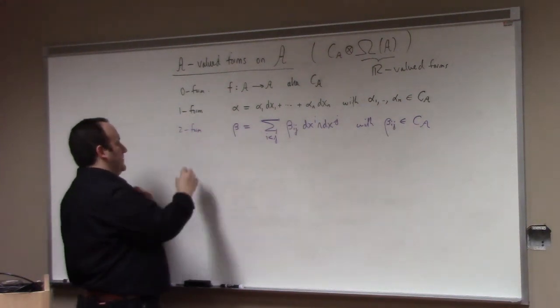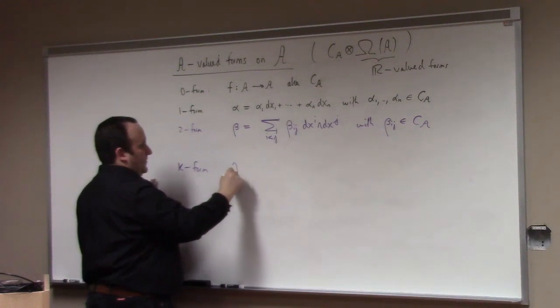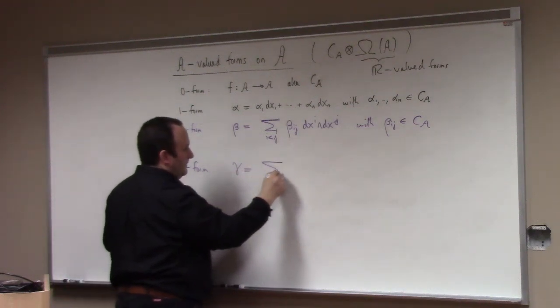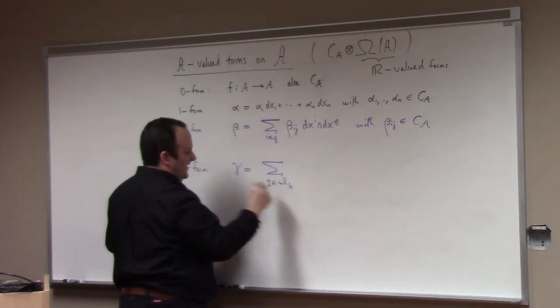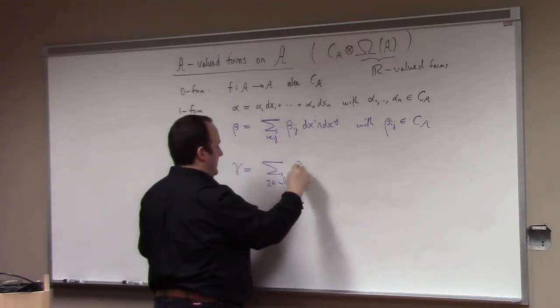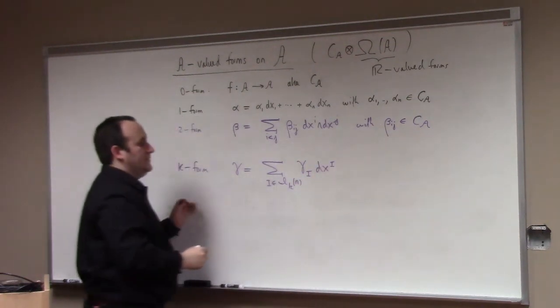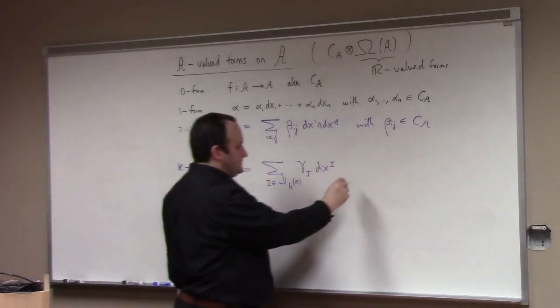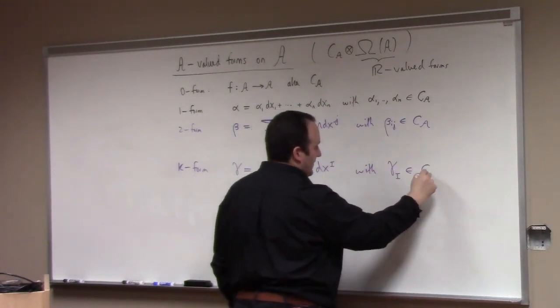And likewise, for a k form, something like the sum over increasing indices I of length k taken from n, of gamma I dxI, with gamma I differentiable functions.